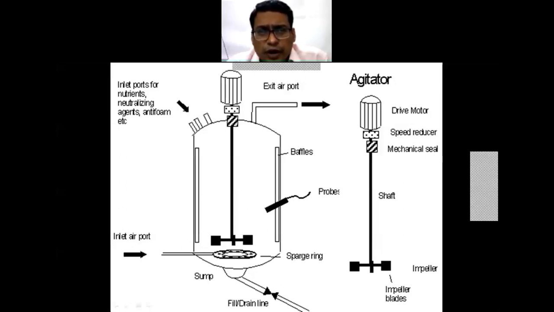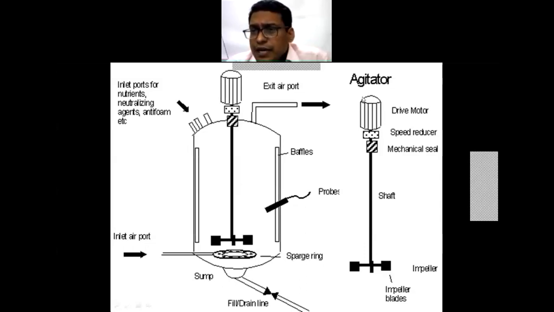It is generally provided where there is an oxygen requirement or a gaseous phase. There you use this sparging ring. That means small bubbles will be created when you provide compressed air or compressed gas to this. This helps for your reaction purpose.